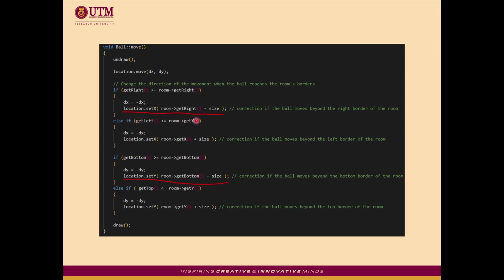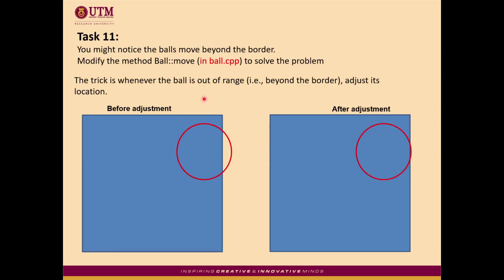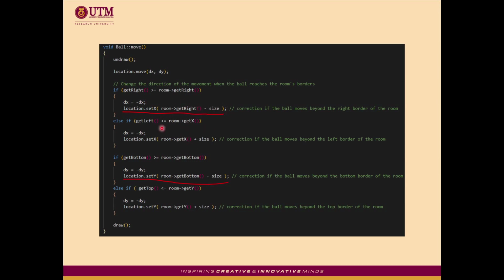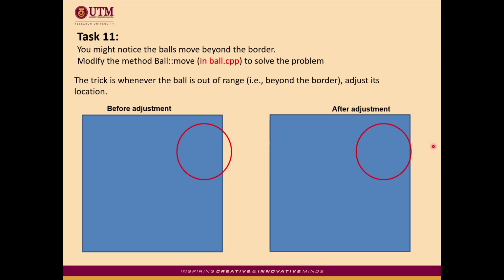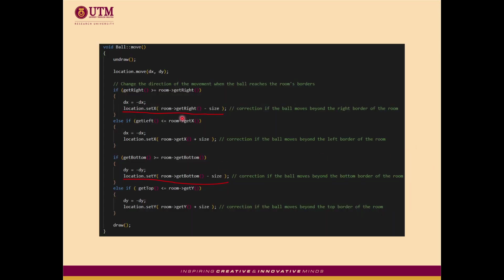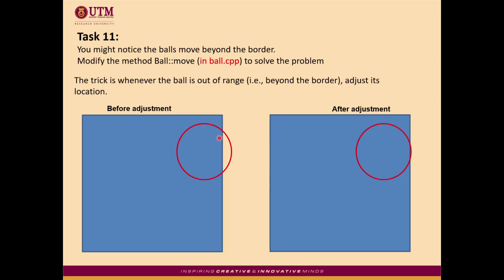In fact, you don't need to explicitly test whether it is beyond the wall, because it is implicitly inside this calculation. By having the difference, if the ball is in this condition, that means the difference is 0, right? So you can simply use this. Set the center, meaning that you need to shift if the situation is something like this. We only do this if the ball hits the wall.